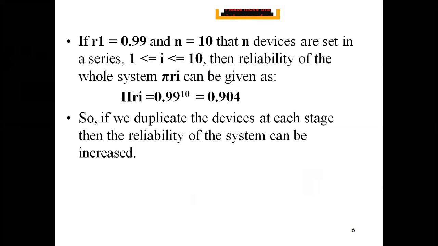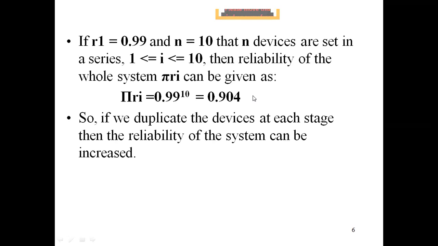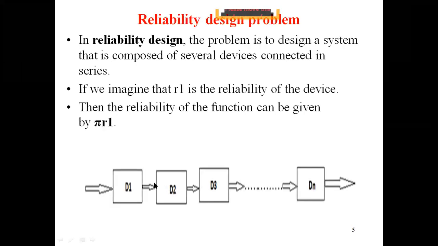Then the reliability of the whole system, pi Ri, can be given as follows. What is the reliability of the whole system? You can multiply the reliabilities of individual devices, then you will get the reliability of the whole system. So D1 reliability is 0.99, D2 reliability is 0.99, D3 reliability is 0.99. Like this, there are 10 devices, each with 0.99.